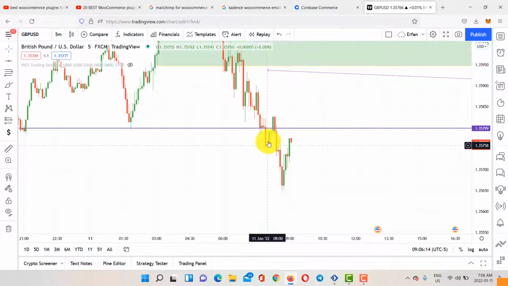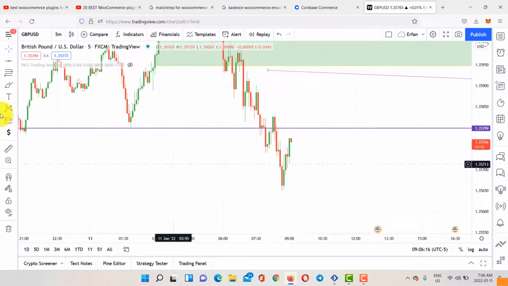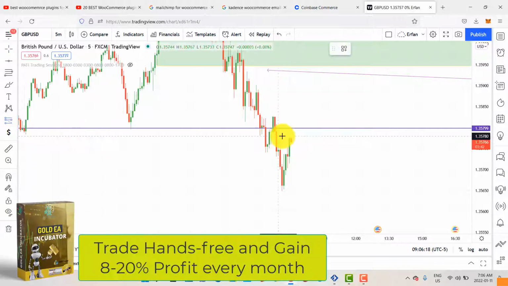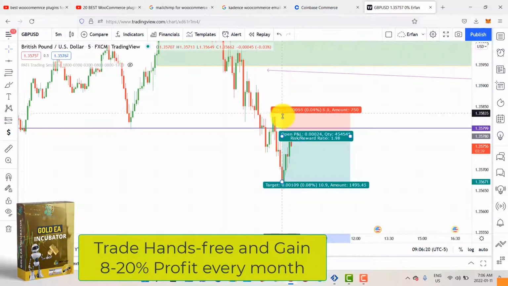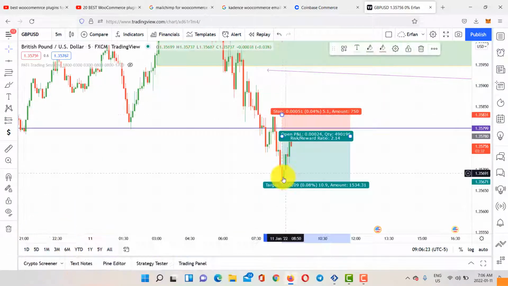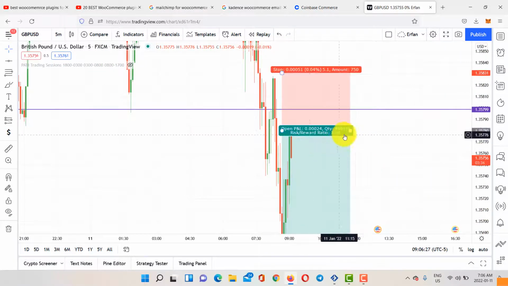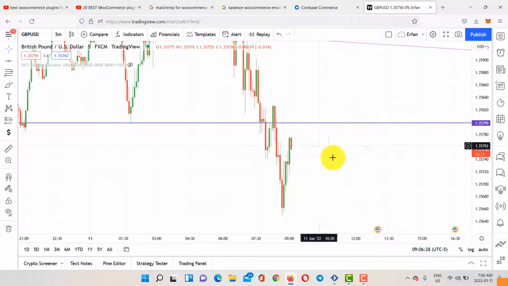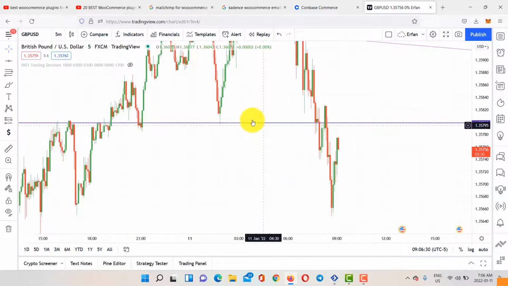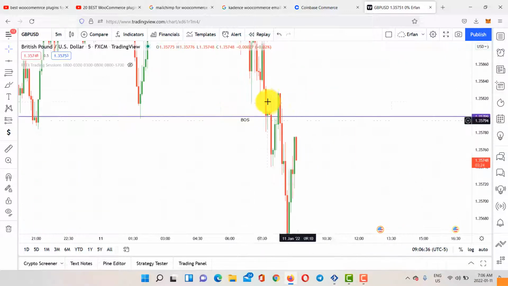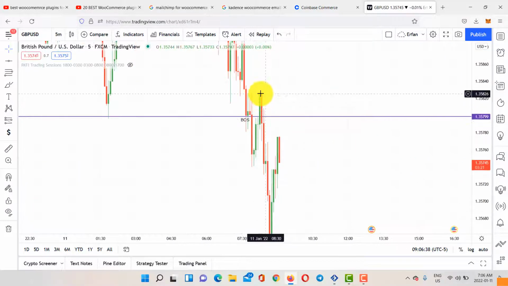We have a swing low here, and we had a break of structure, correction, continuation. So if someone took their trade from here to here, that would be amazing. See, it's a 1 to 2 risk to reward trade, which is awesome, because we had a huge break of structure here. It's a huge one. I'm going to put it here.